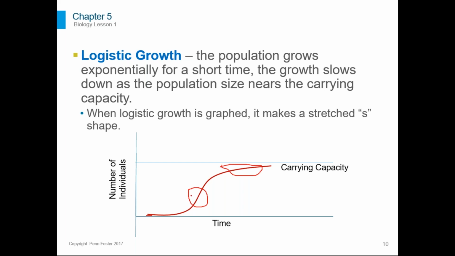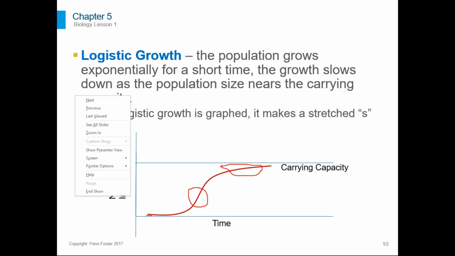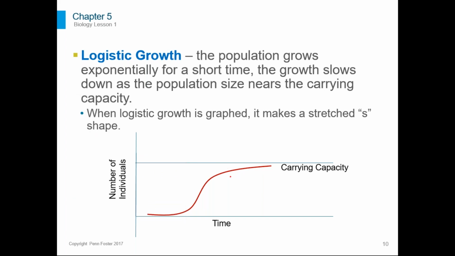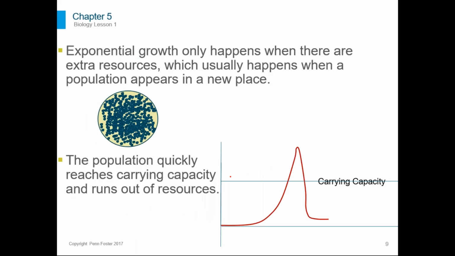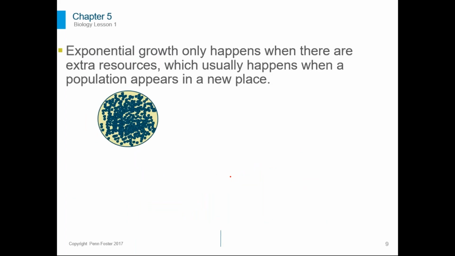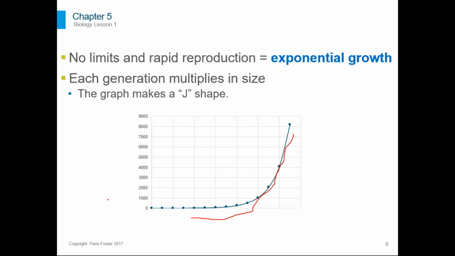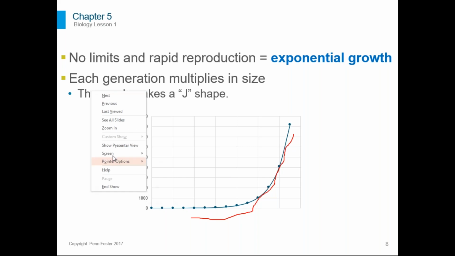So this line is very steep at the beginning, and then it is much less steep later. And we do refer to this graph as being S-shaped. Okay, so it's kind of a stretched out S, just like, I'll go back, your exponential growth is kind of a stretched out J.